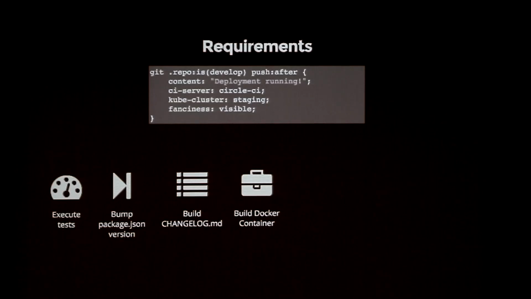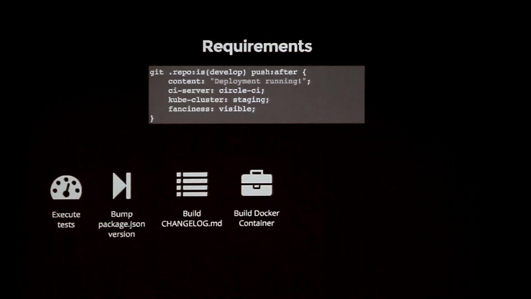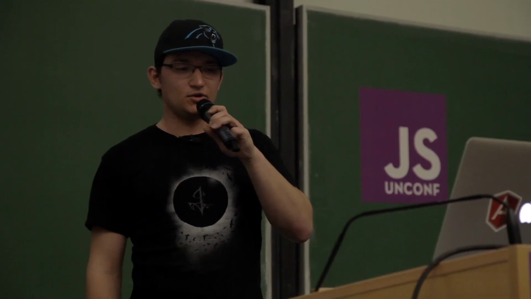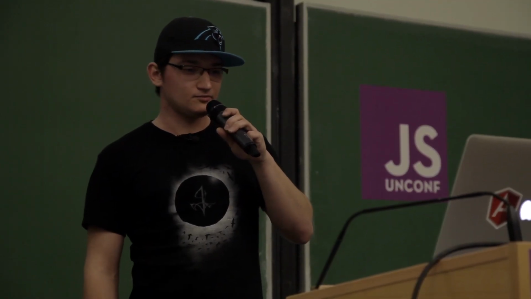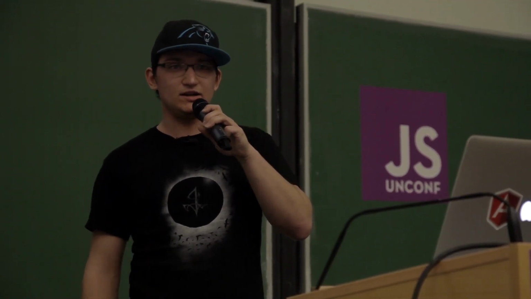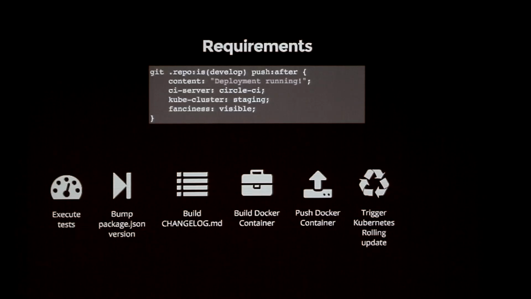The next, fancy buzzword: we want to build Docker containers. Everybody likes Docker containers, or haven't even heard about that. We want to push this Docker container into our repository. We use Kubernetes as deployment, now as a serving framework for the Docker containers, as an infrastructure.